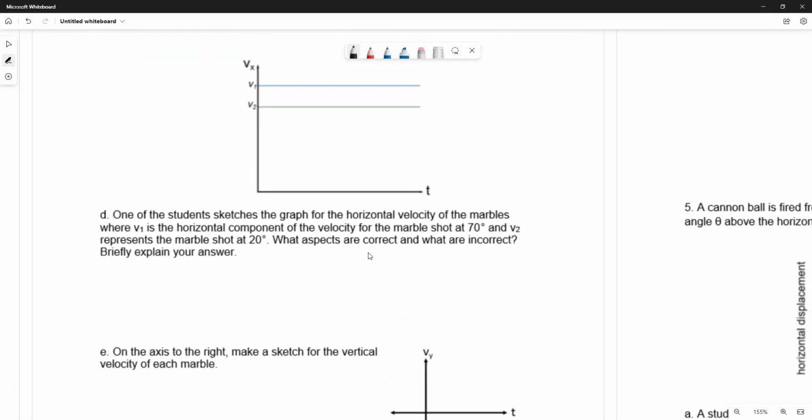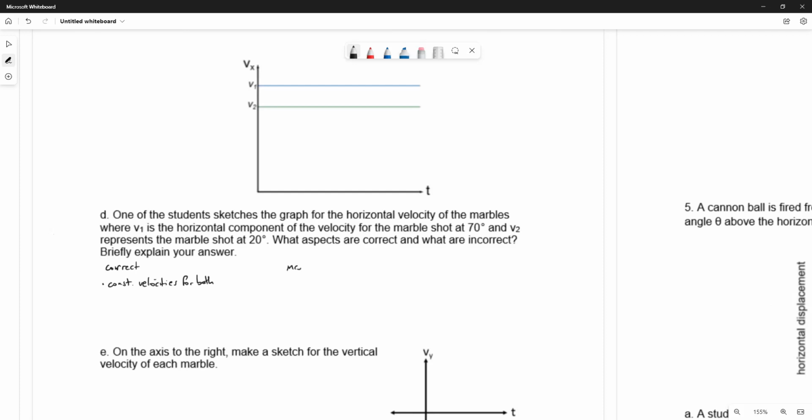Looking at D, you're given these two graphs. You're asked to calculate or to explain what might be wrong or right about these. They both have constant velocities, which are correct. So just kind of bullet point here, constant velocities for both.